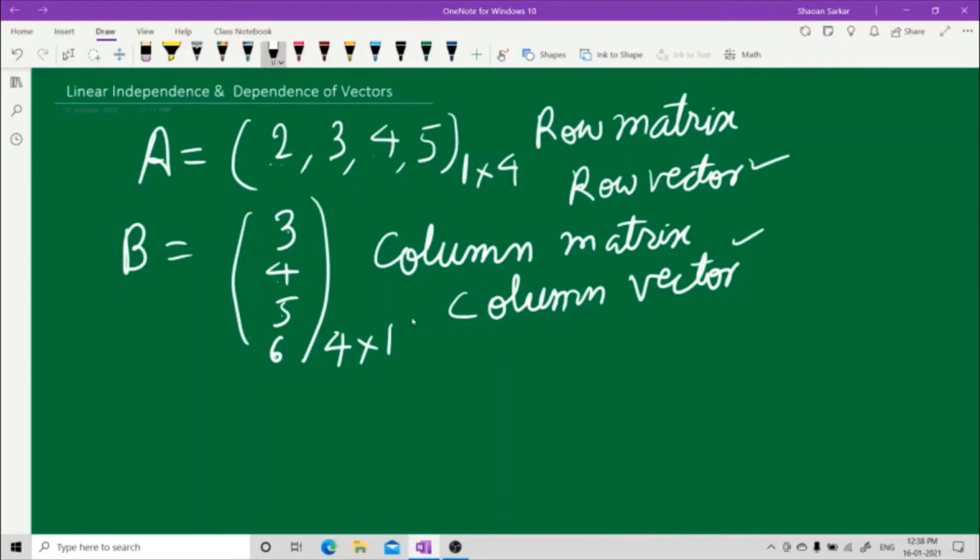Now the point is I have to check the linear independence and linear dependence. Instead of the words row matrix and column matrix, I'll use the words row vector and column vector.